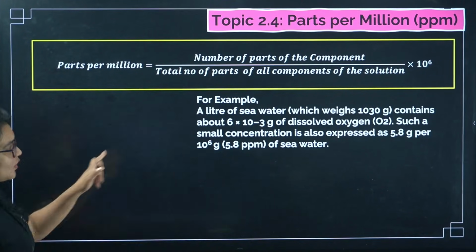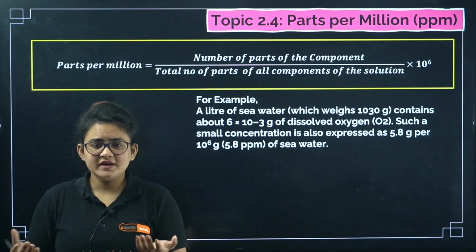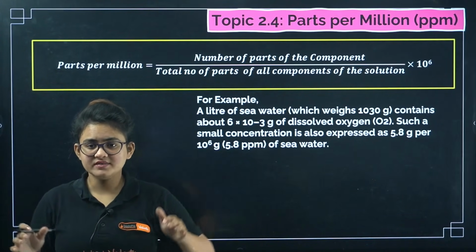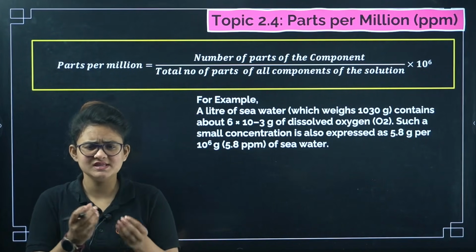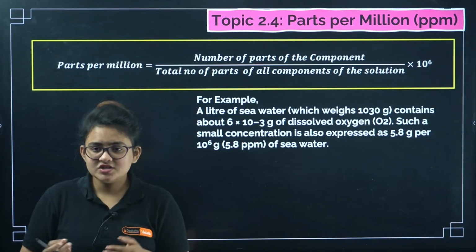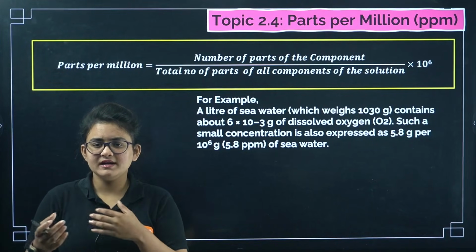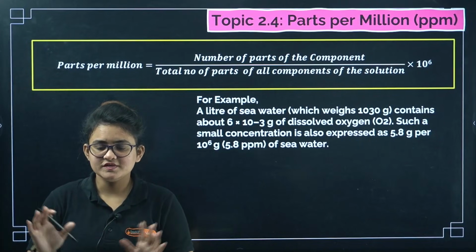One example is given. A liter of seawater that weighs almost 1030 gram contains 6 into 10 power minus 3 gram dissolved oxygen. So you can see it's a very small amount. This type of small concentration can be expressed like 5.8 gram per 10 power 6, that is ppm of seawater.